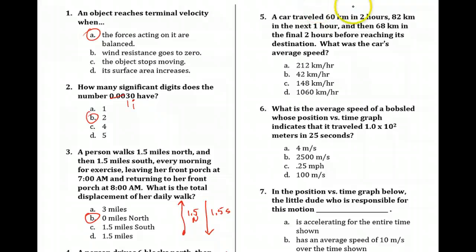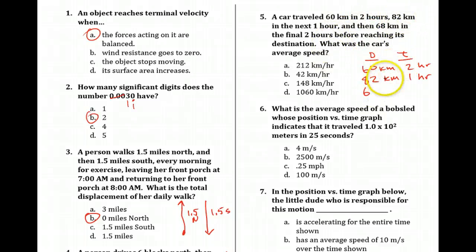All right. A car traveled 60 kilometers in 2 hours, 82 kilometers in the next 1 hour, and 68 in the final 2 hours before reaching its destination.